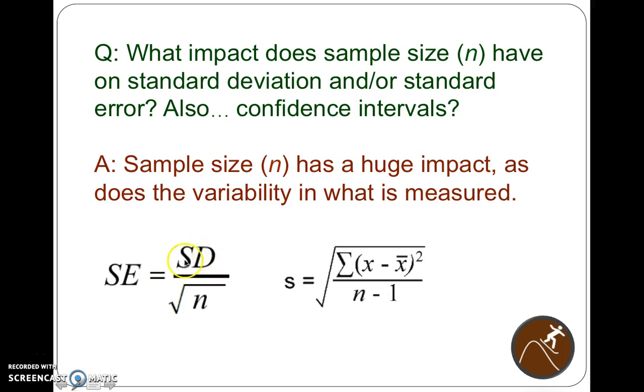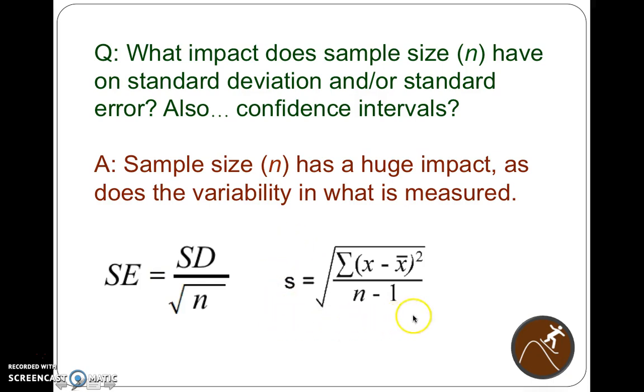Well, in order to get standard error, we need standard deviation, and as you remember, standard deviation is the sum of squares as it relates to some of these differences of individual samples from the median, and the total population minus 1, the total population sampled minus 1, so the sample population minus 1.